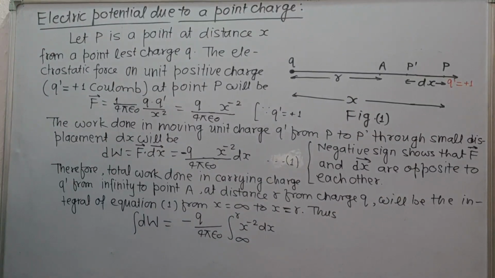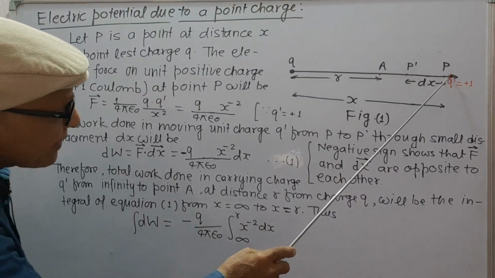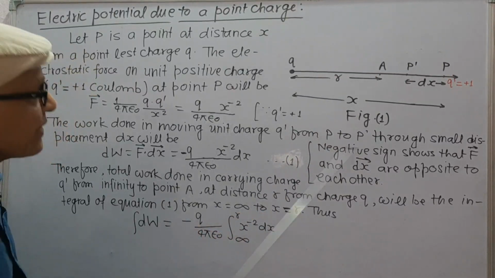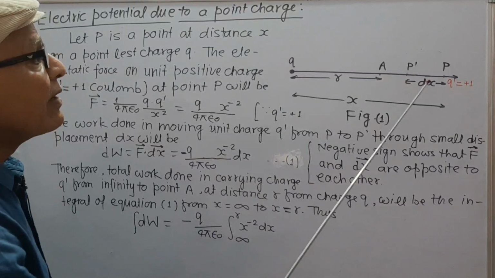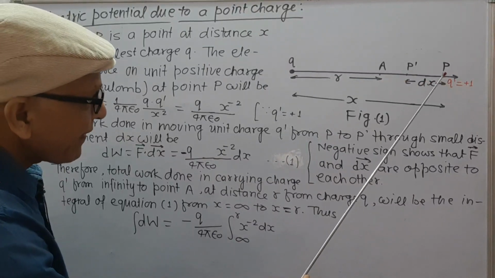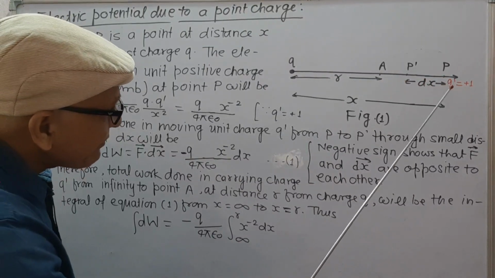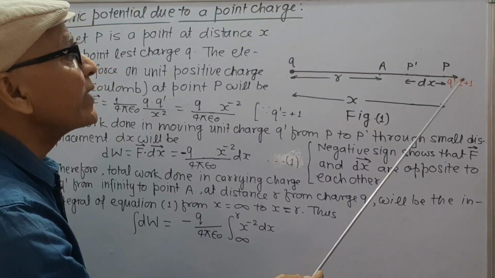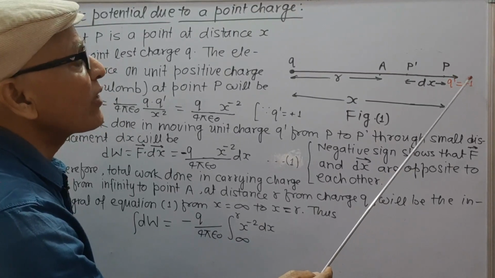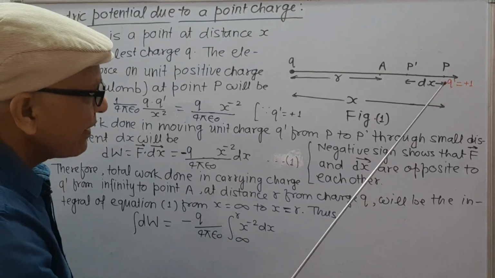Next, we take the electric potential due to a point charge. In figure 1, this is the point charge, and at distance x in the electric field of charge Q, we have a point P where unit positive charge Q' equal to +1 coulomb is placed.